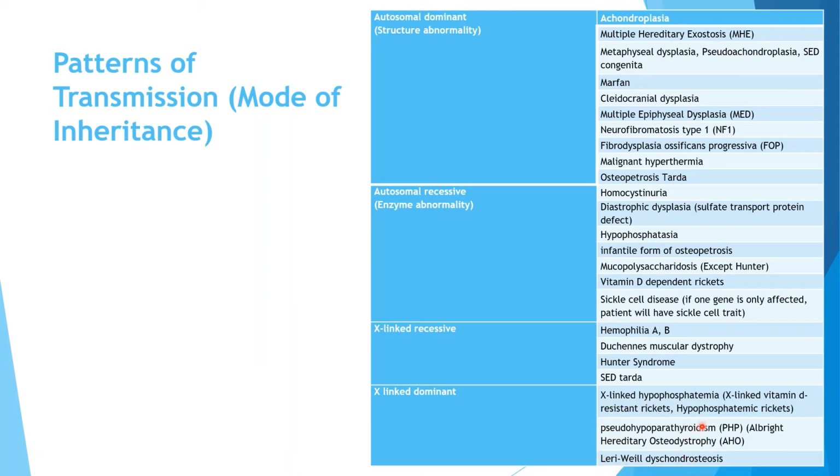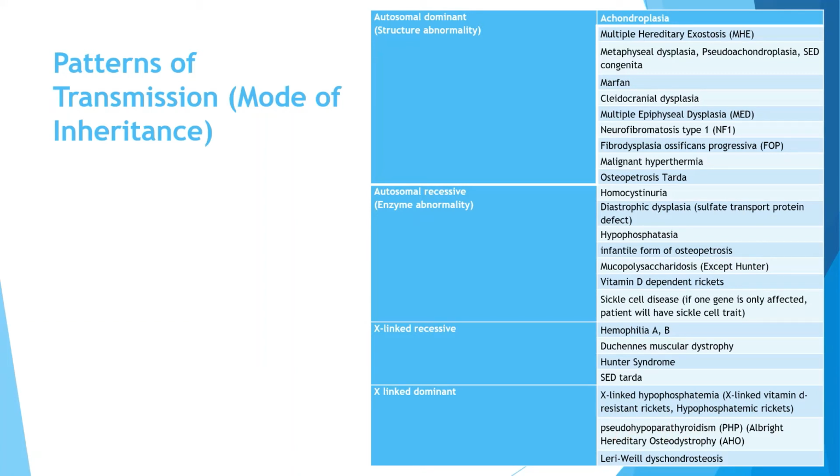So these are the X-linked dominant diseases. They are not many, that's why they come frequently in the exam. Most important is the X-linked hypophosphatemic rickets, or sometimes called X-linked vitamin D resistant rickets.